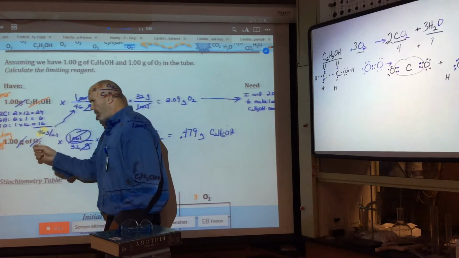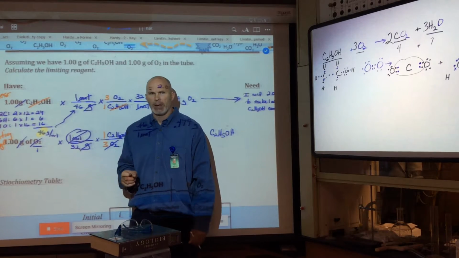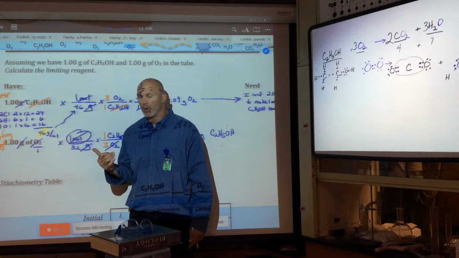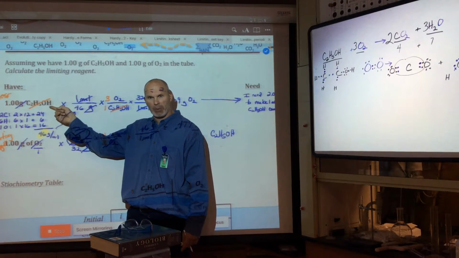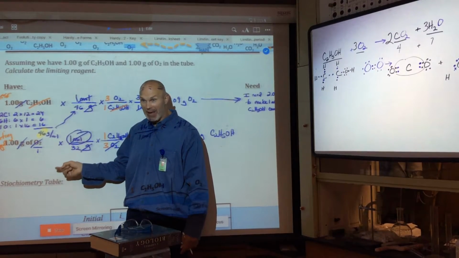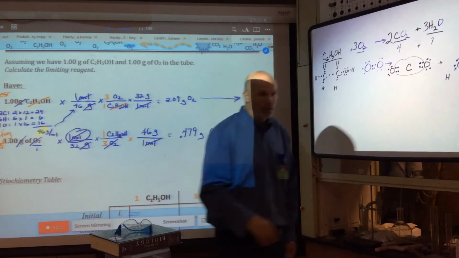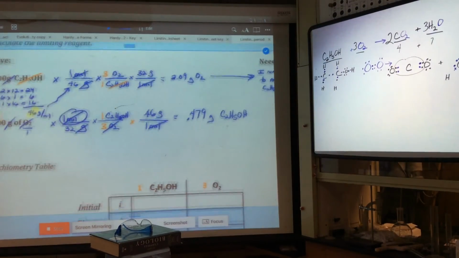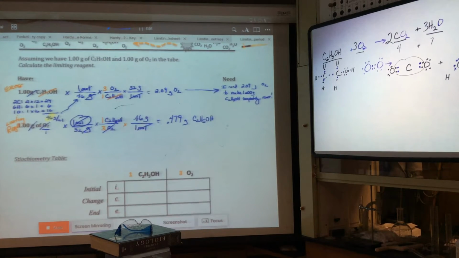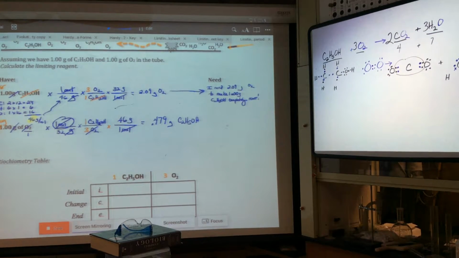Given a gram of ethanol, a gram of O2, okay, how much CO2 do we make? Oh, it's easy, just pick one. Don't pick one. What if you pick a gram of this? Aren't you going to overestimate how much actually reacts? You've got to go find who's the limiting first. Then start with that one, okay? So it's important. Now, if you didn't like that, okay, and again, I like doing need and want, so if you notice, this is what we needed.